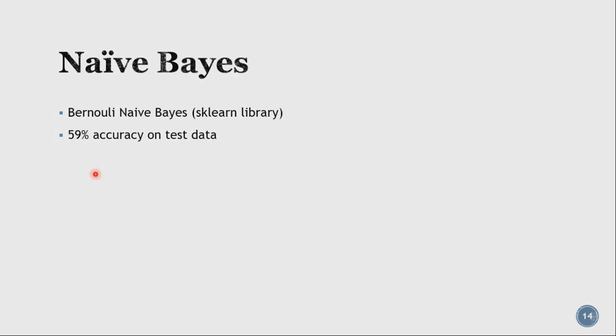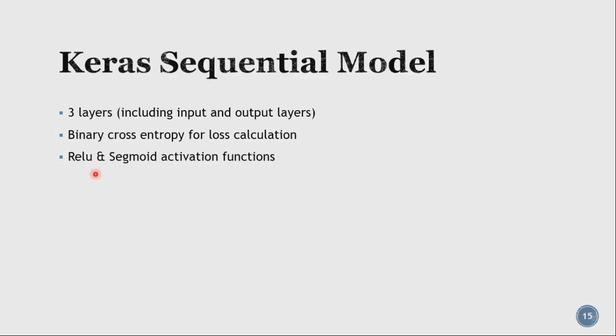However, it yielded 59% accuracy on the test data, which is not very satisfying in my opinion. So the Keras sequential model was also applied with three layers, and the binary cross entropy for loss calculation was used. The ReLU and the sigmoid activation functions were applied.